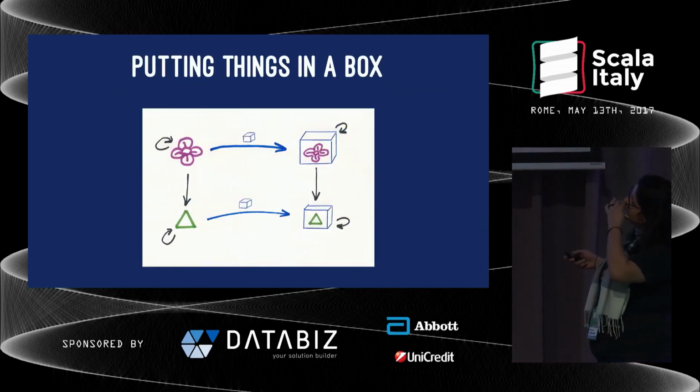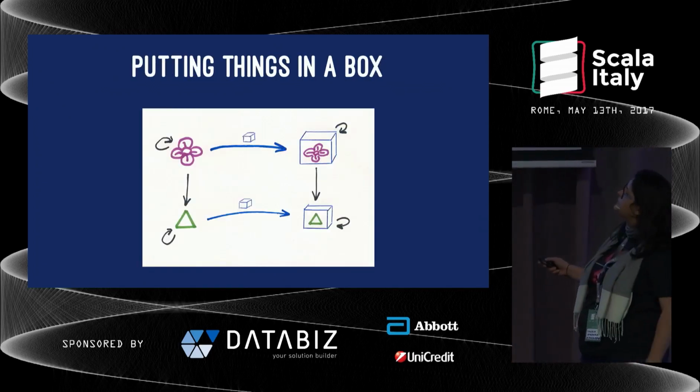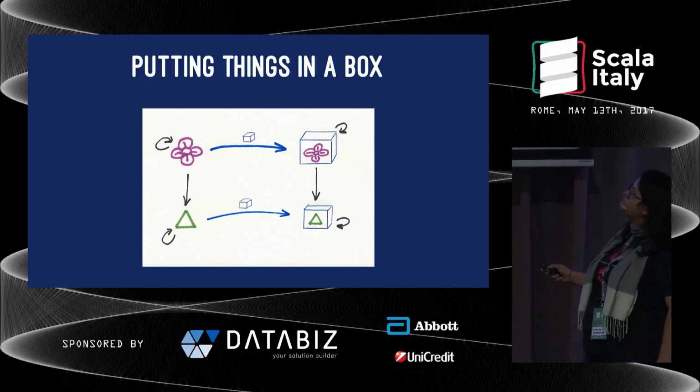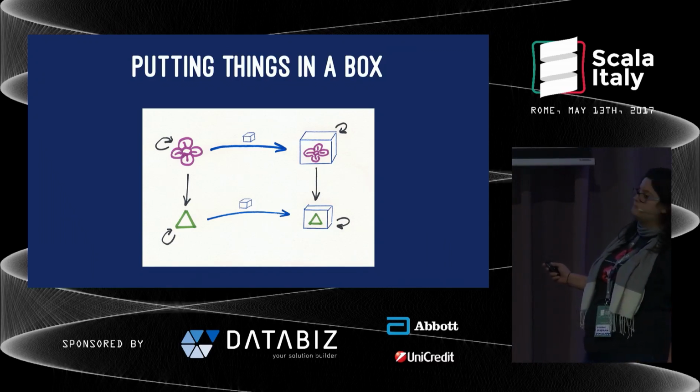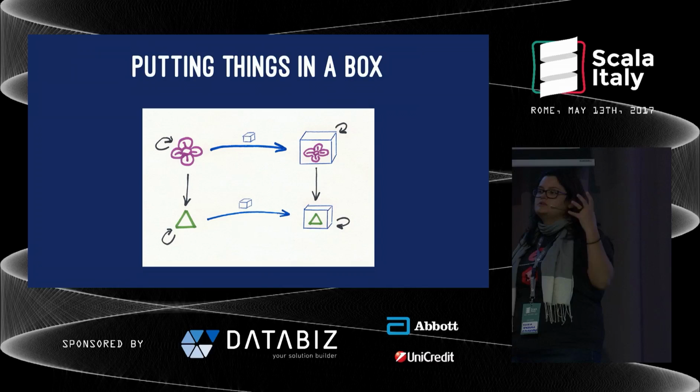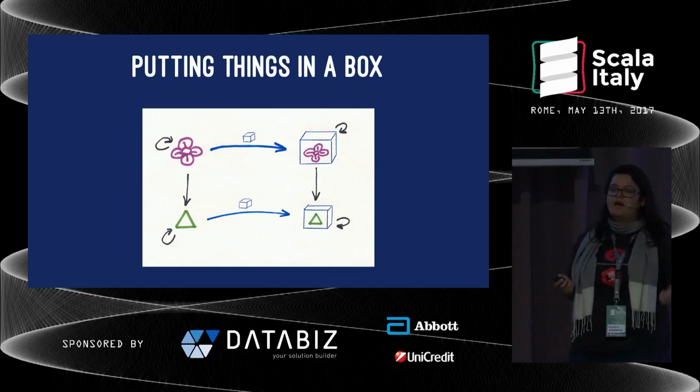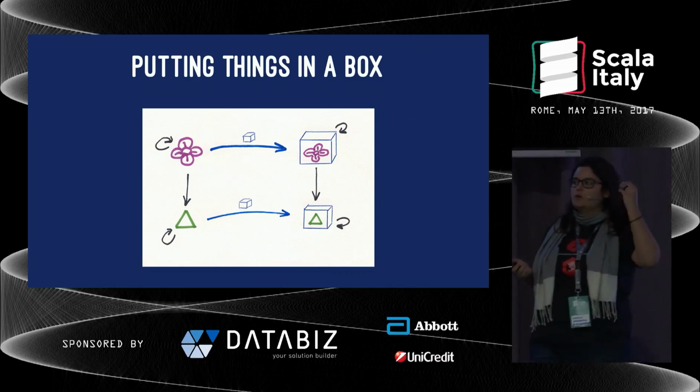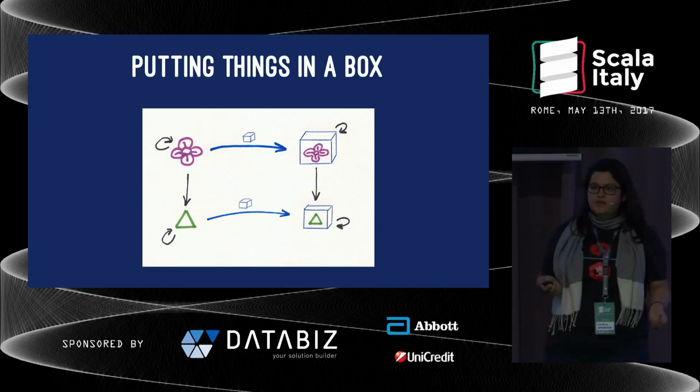So for example, I can define a function that basically copies the objects. So a flower will be transformed through this function into a flower in a box. Same for the triangle. But we still want to have a category back. So we need to copy both the objects and the arrows.